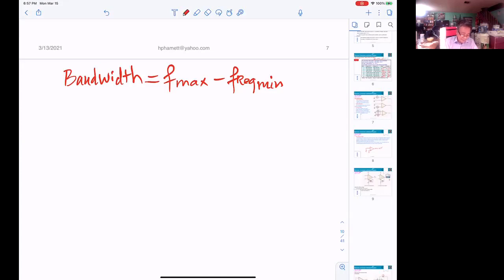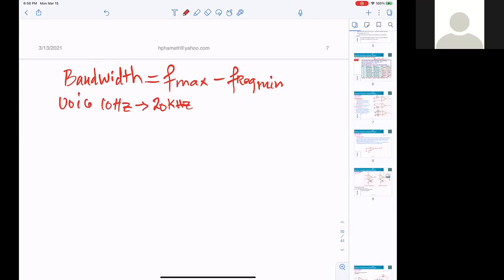So basically your voice will be going from 10 hertz up to 20K. So the bandwidth means they allow a certain frequency range to go.